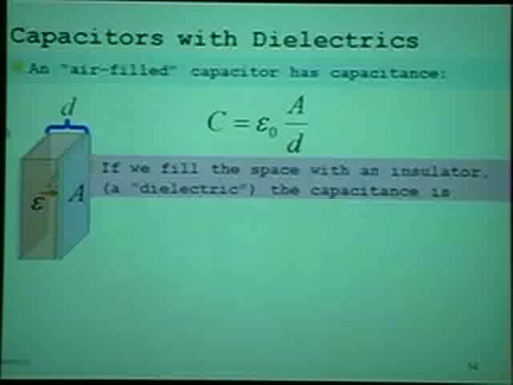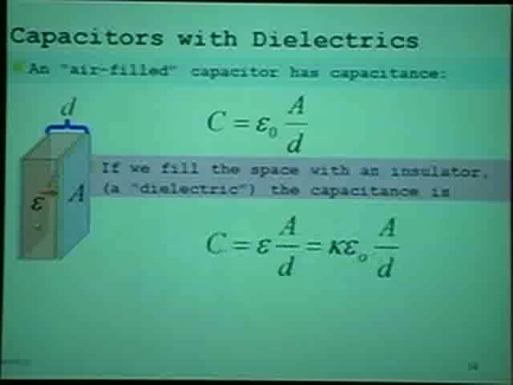And the material we put in there is some insulator that has not a permittivity of epsilon naught, but a permittivity of epsilon. So our capacitance is now epsilon times the area of one plate divided by the separation distance d. But one way we could write epsilon, the permittivity of that material, is some constant times the permittivity of free space.